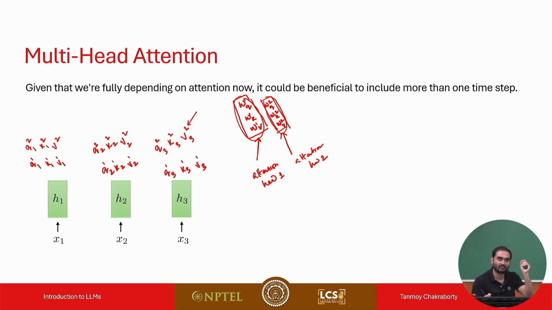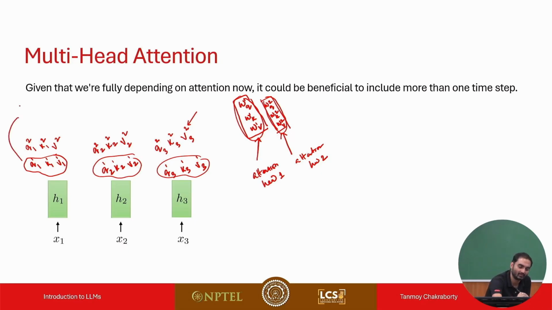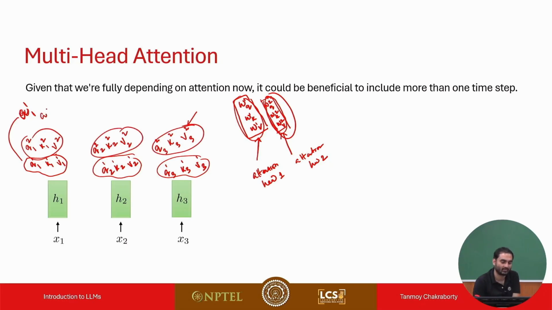Through attention head 1, you process all these things the way we discussed earlier, and it will produce attention vectors A11, A21, A31. Attention head 2 produces A12, A22, A32.